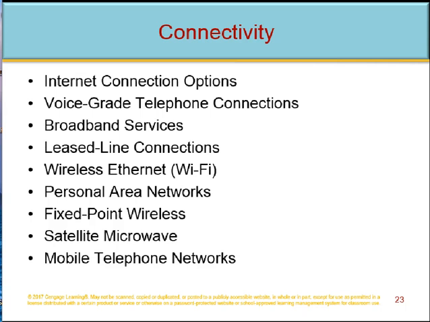A T1 line, also known as a DS1 line, carries 24 DS0 lines, or 1.544 megabits per second. A T3 or DS3 line carries 44 megabits per second.